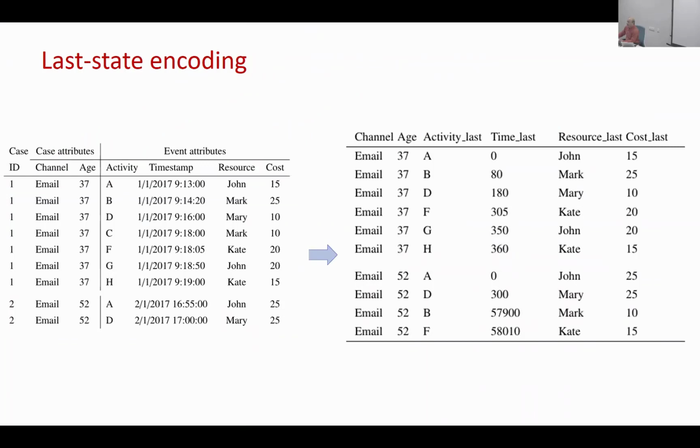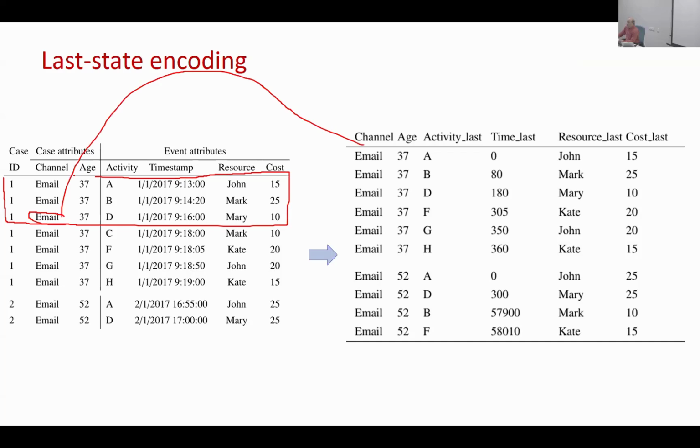So now let me imagine that I want to encode the prefix consisting of these first 3 events. This is a prefix of trace number 1. So according to last state encoding, I will take the most recently observed value for the channel.